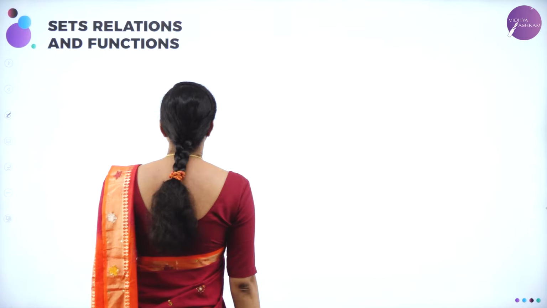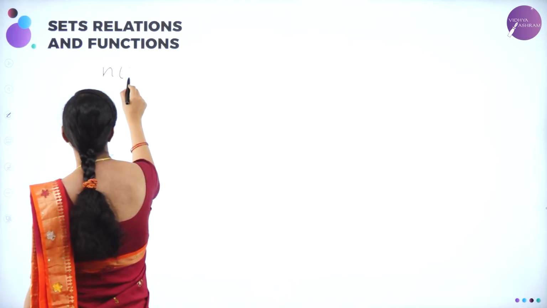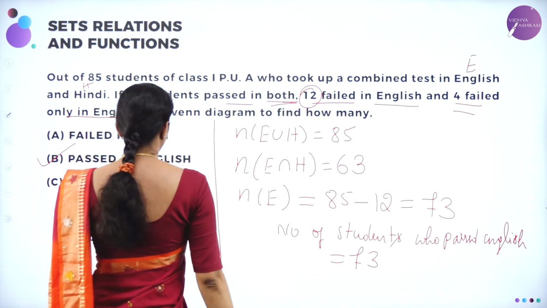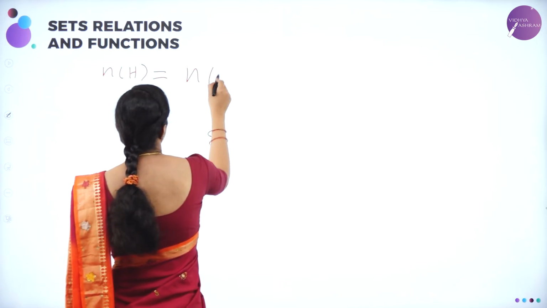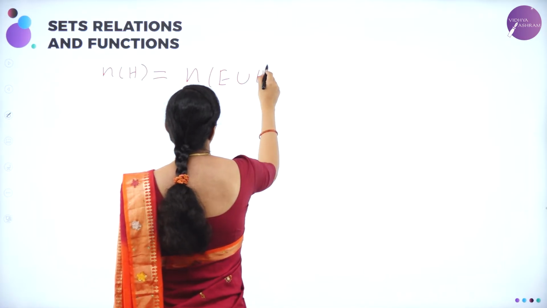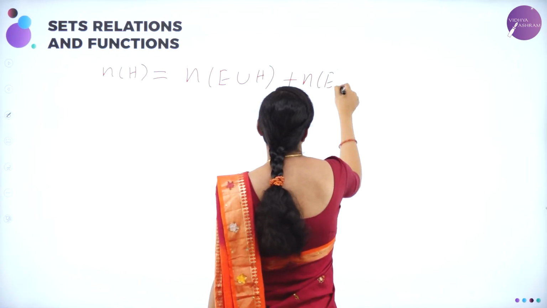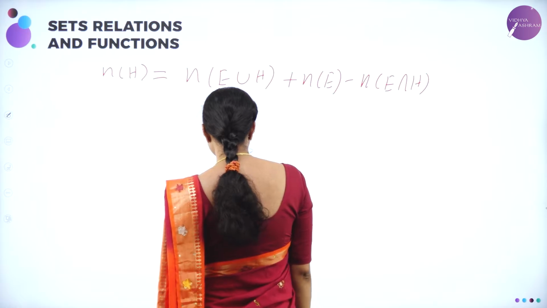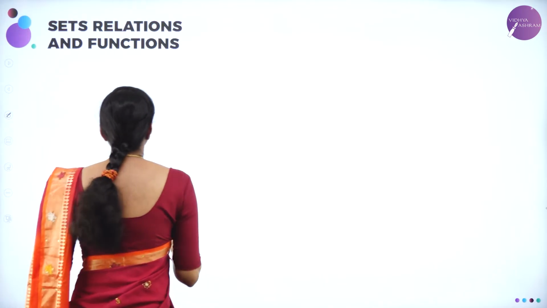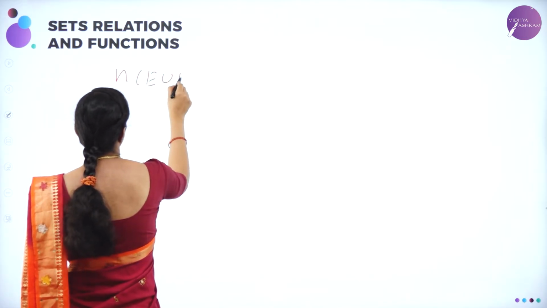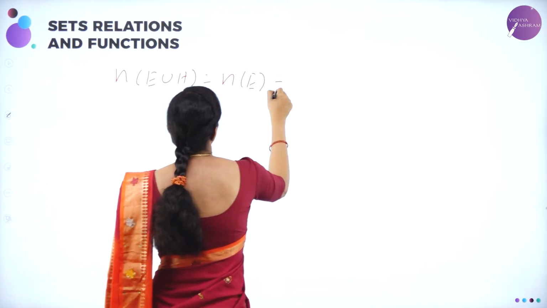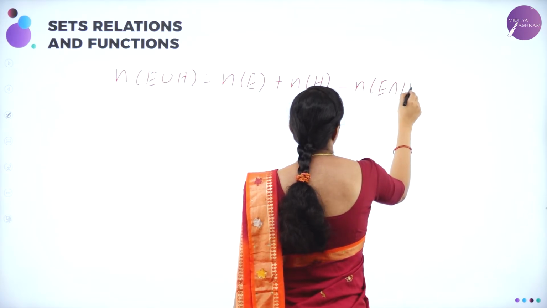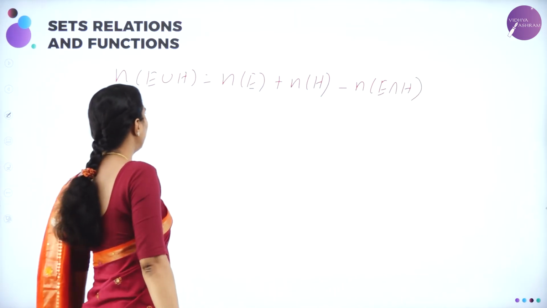So the number of students of Hindi will be equal to... you can have the formula like this: N of E union H equals N of E plus N of H minus N of E intersection H, correct? This is the formula of the union of two sets, right?